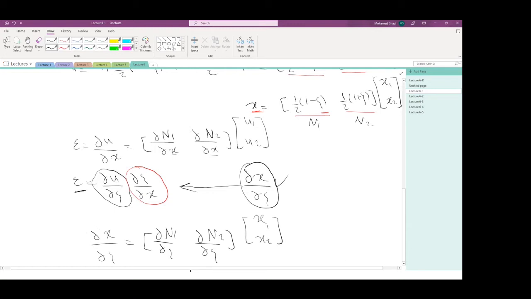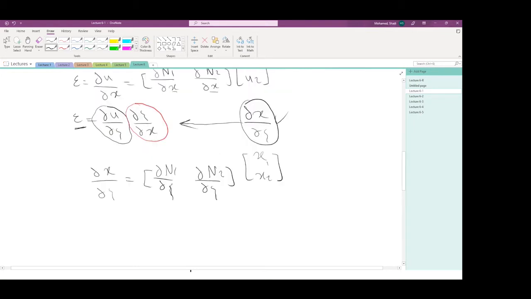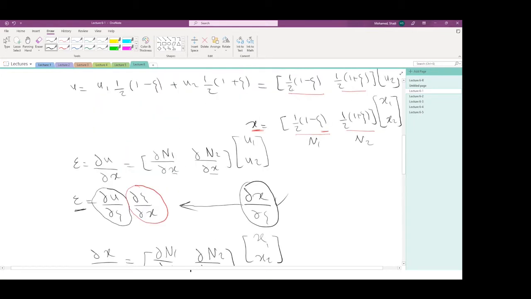All right, so the derivative of N1 with respect to xi is simply minus half, half multiplied by 1 minus xi. So the derivative of this guy with respect to xi is just going to be minus half. This will go to 0 and this will go to 1.